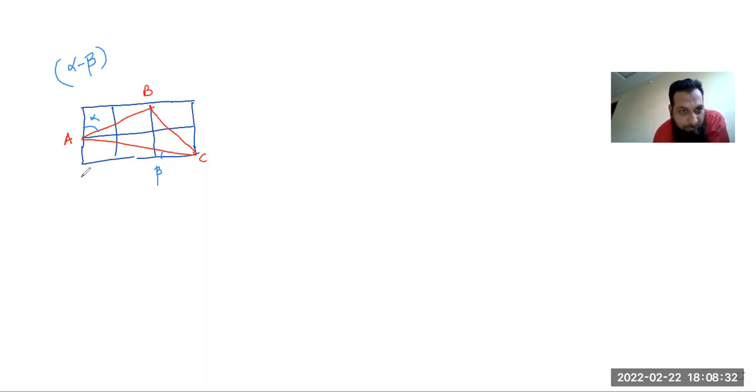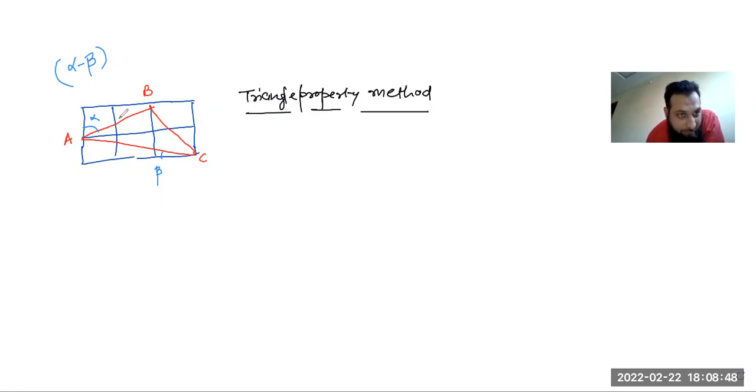So the first method we are going to use is the triangle property method. So let us focus on this triangle ABC. This AB is same as BC. Why?